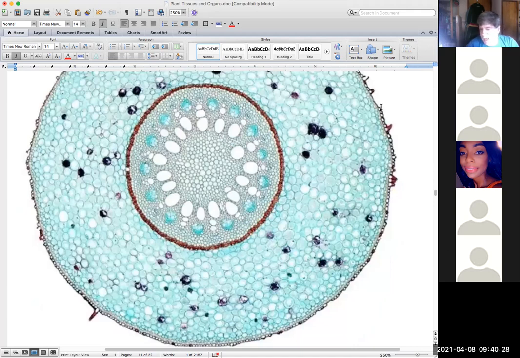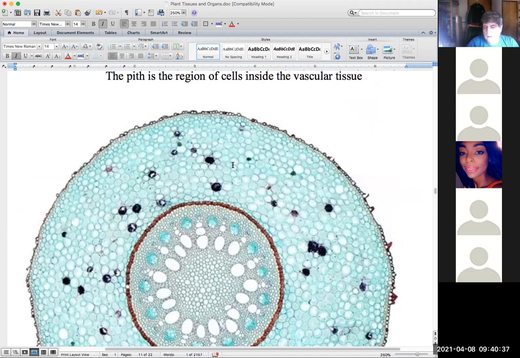So around the very outside, these dark circles are our epidermis. All of this material in here, all of this light green, is the cortex. And in a root, this cortex is almost completely parenchyma cells.